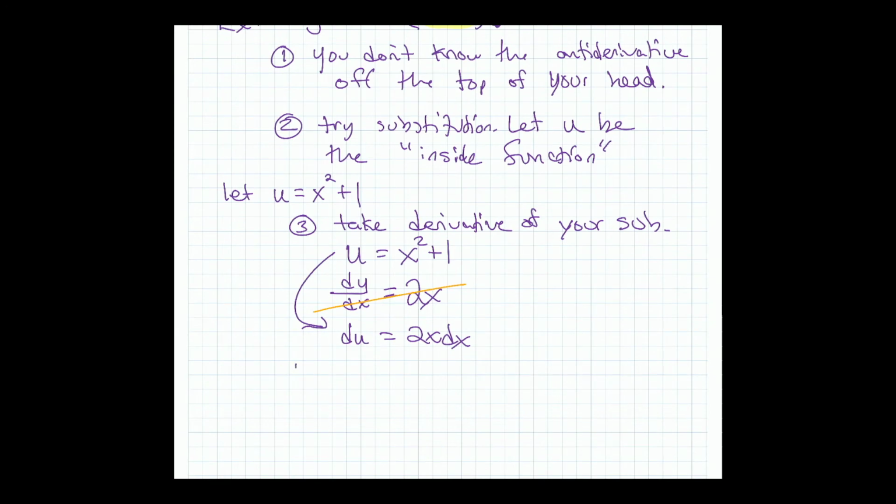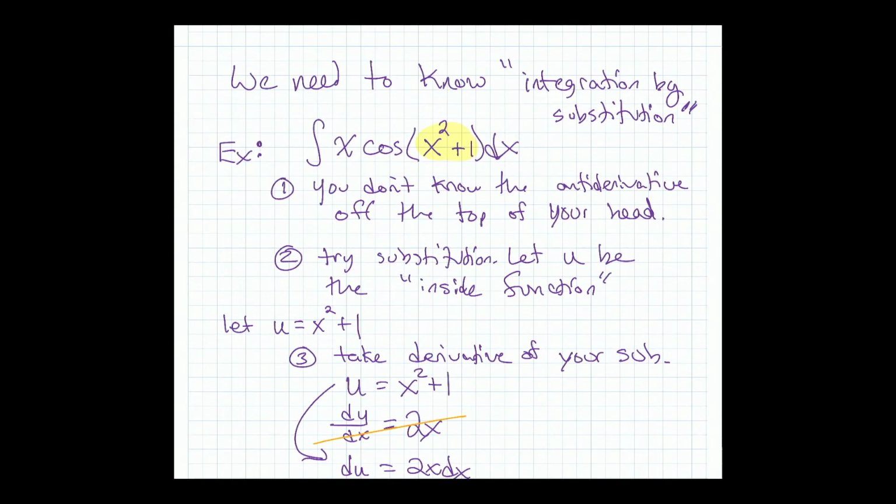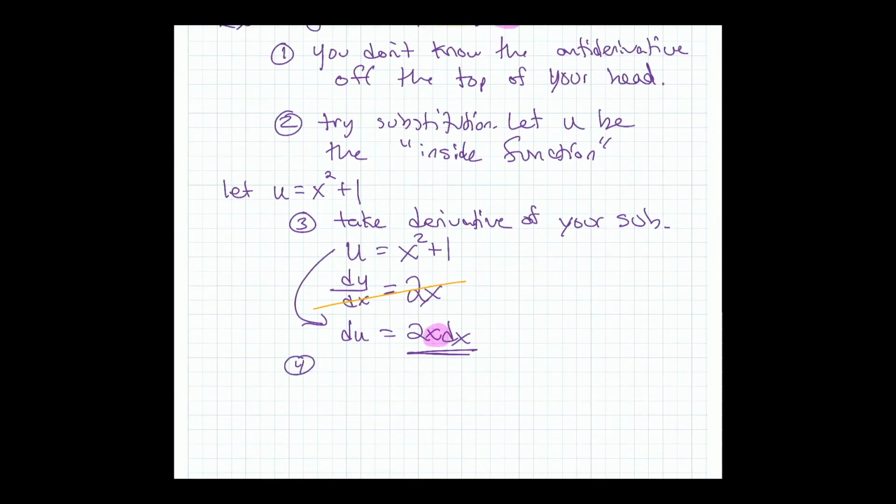Now, what you want to notice is that in your original integral, you don't have a 2x dx. In your original integral, you have a dx and an x. What I mean is this. So you've got a dx here, and you've got an x here. And here you have an x and a dx.